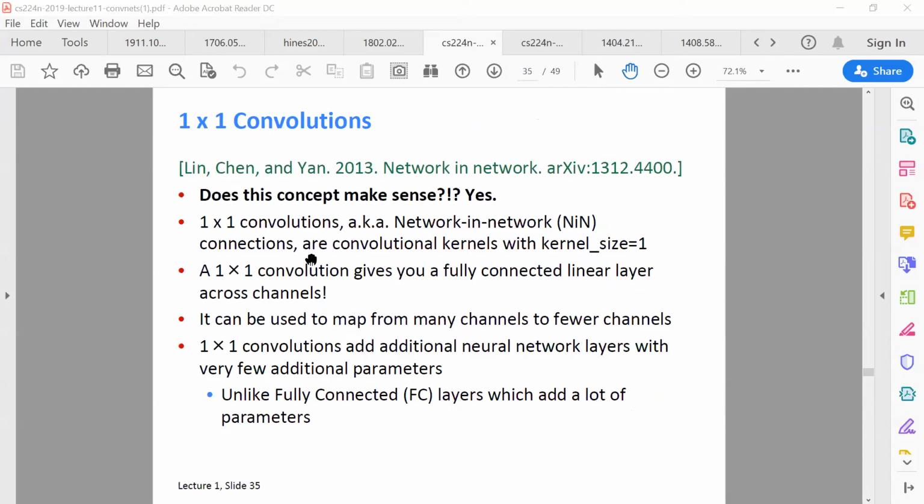In vision, it's usually used to just change the number of layers and keep your H and W constant. And as he says, conceptually, I look at it as just being a fully connected network, which helps you change the number of channels. So you can think of it similarly in this case.